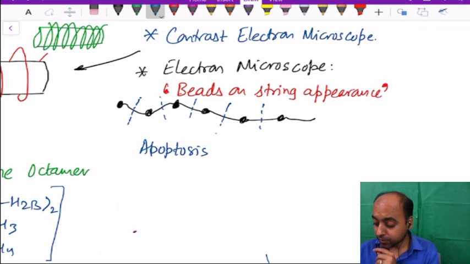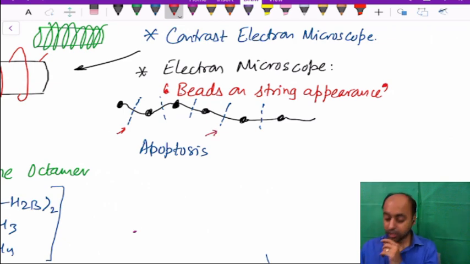Depending on the distance between the first and second cleavage, imagine the first cleavage is here and the second cleavage is here, you'll get 3 nucleosomes. If the second cleavage is here, you get 2 nucleosomes. If the second cleavage is here, you get only 1 nucleosome.